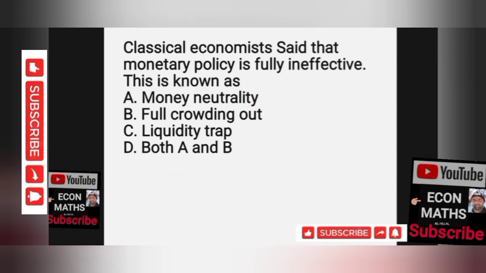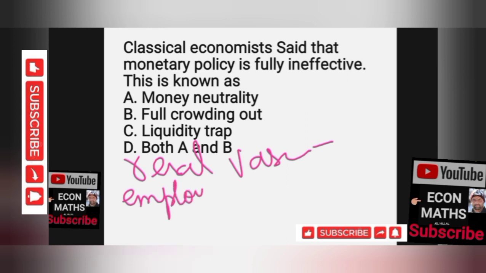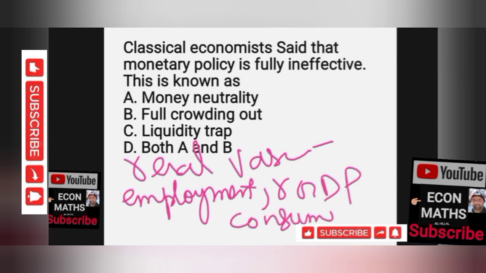The real variables are things like employment, real GDP or real consumption. So the classical economists believe that a change in the money supply affects only the nominal variables, and there is no effect on the real variables.